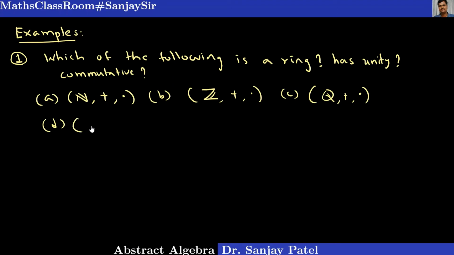D is the set of real numbers with respect to usual addition and multiplication of real numbers. And finally, I can take the set of complex numbers also with respect to addition and multiplication of complex numbers.